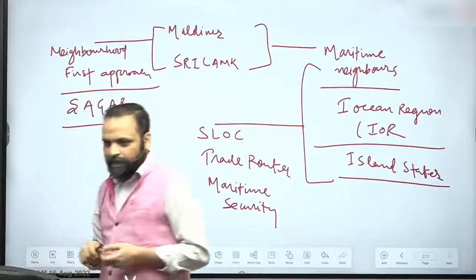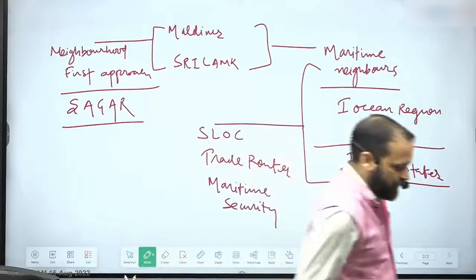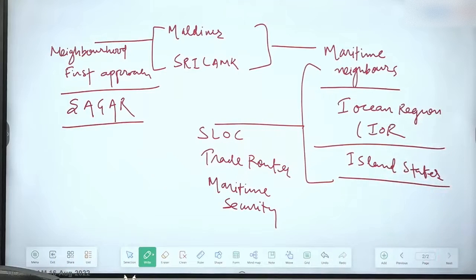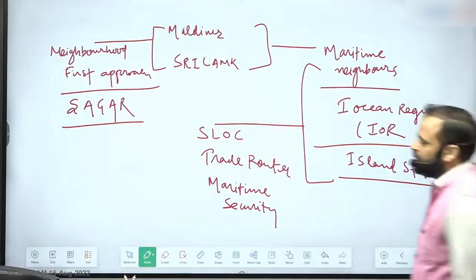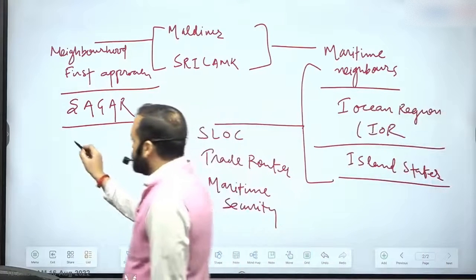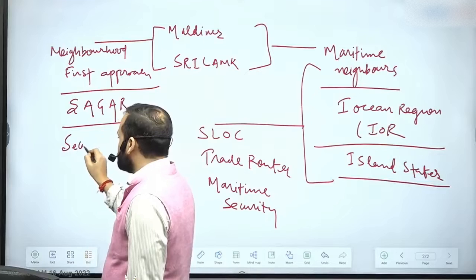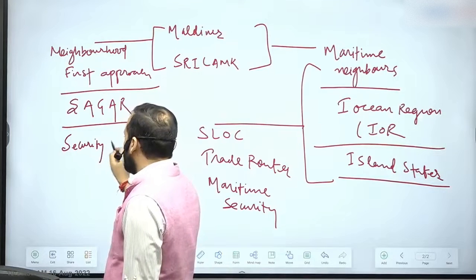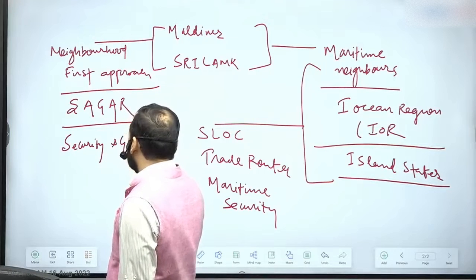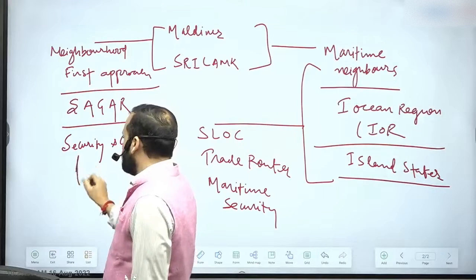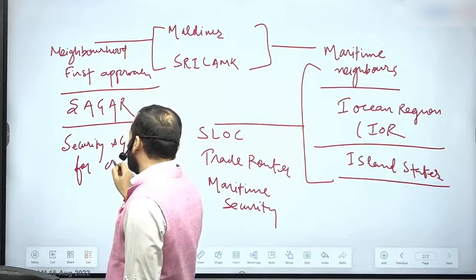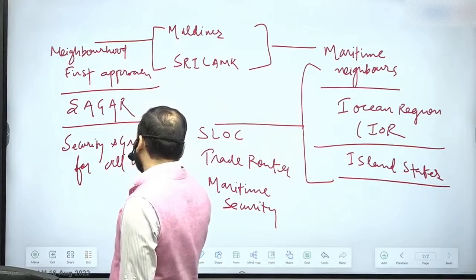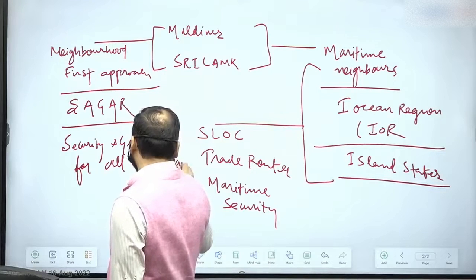All right, they are important focuses under India's neighborhood first approach as well as India's Sagar approach. Sagar simply means security and growth for all in the region, right? So I have an educated audience.